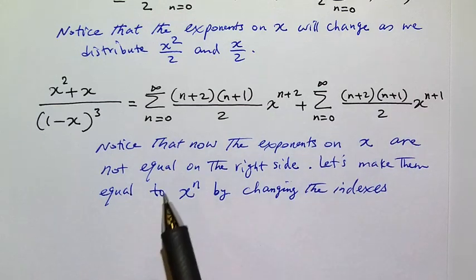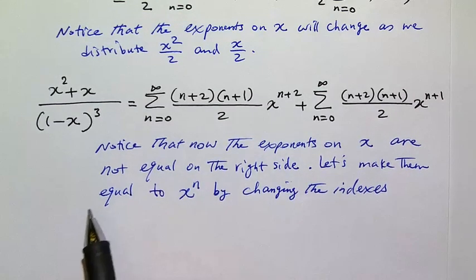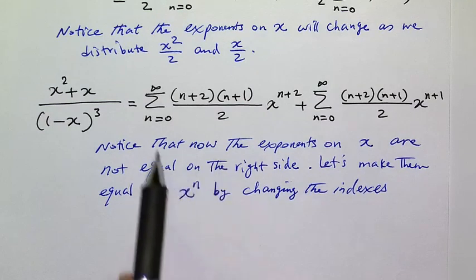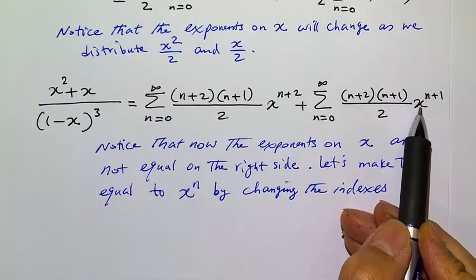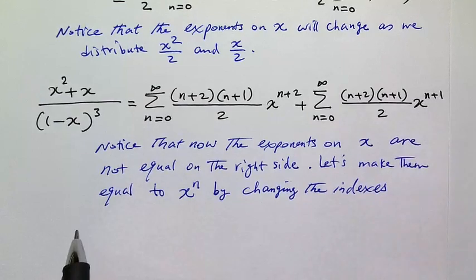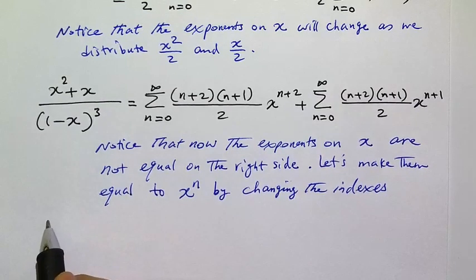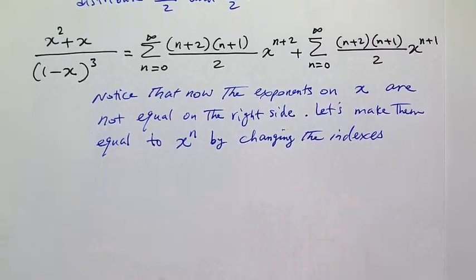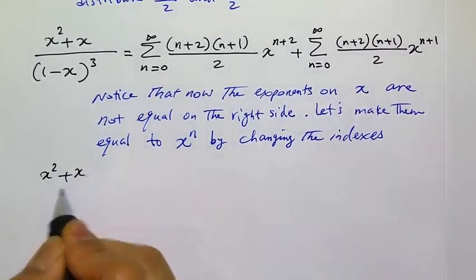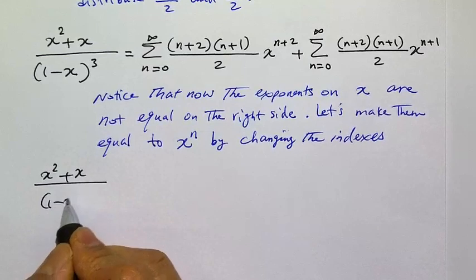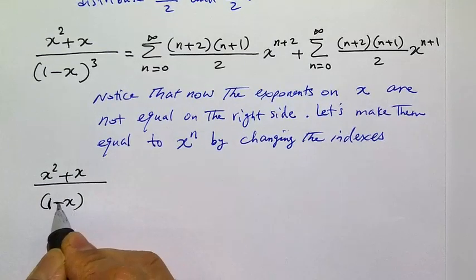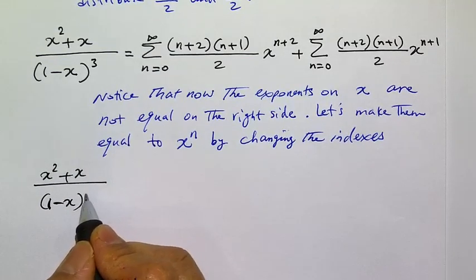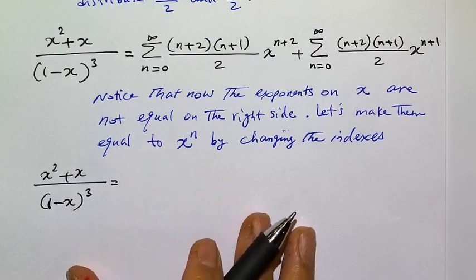Let's see. Well, if we want to keep this to n, let us see in the next step. So I have x squared plus x over 1 minus x cubed on the left.